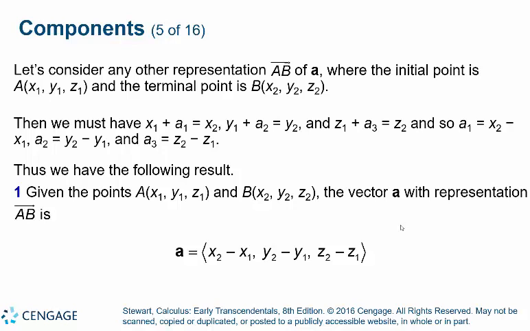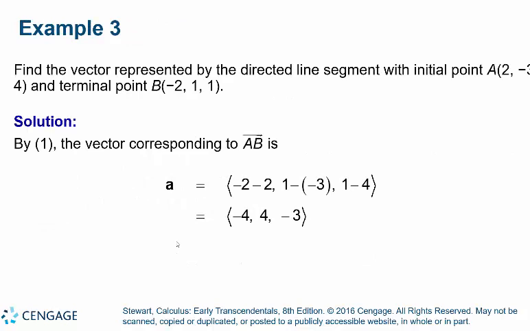Thus we have the following result. If you're given the points A and B as listed here, the vector a with representation AB is given as the following. You're just going to subtract each value of the x's, the y's, and the z's, and this will be a position vector that is equivalent to the vector AB. Let's do an example.